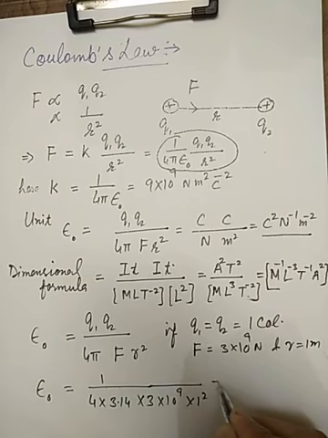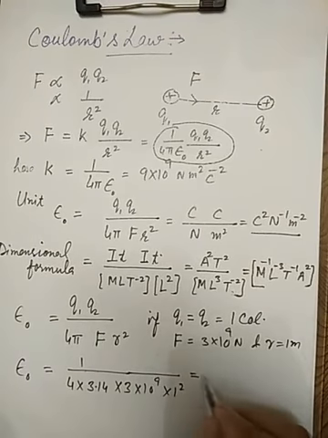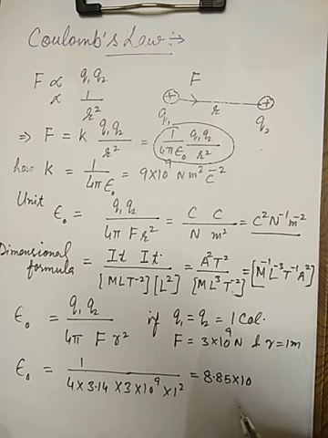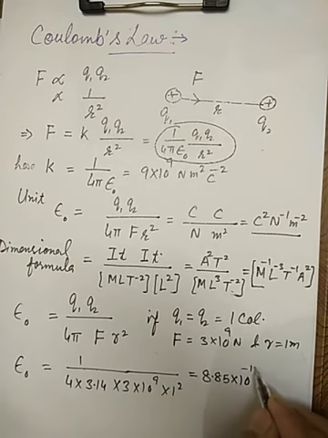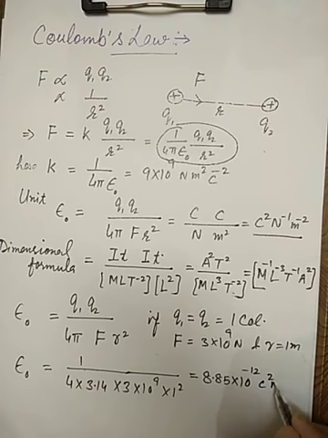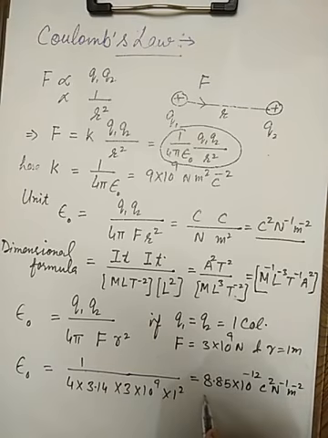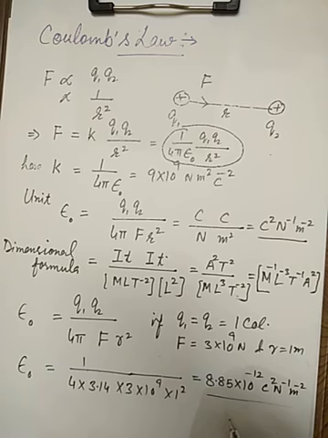Then its value comes as 8.85 into 10 to the power minus 12 coulomb square per newton per meter square. This is the universal value. This value always remains constant for everything.